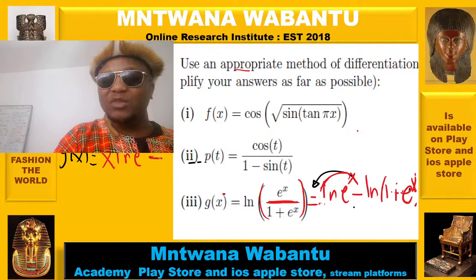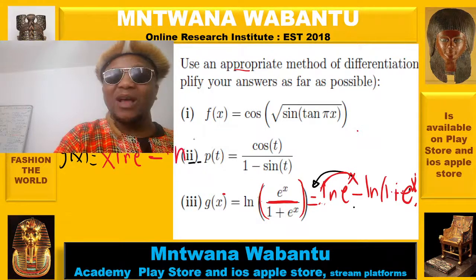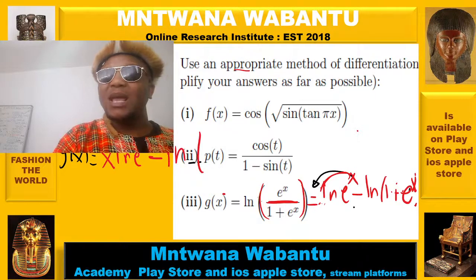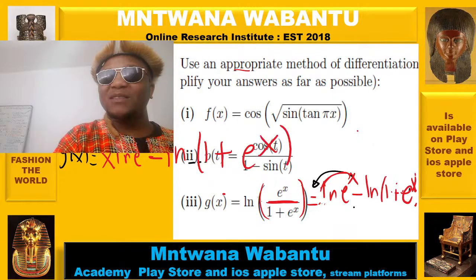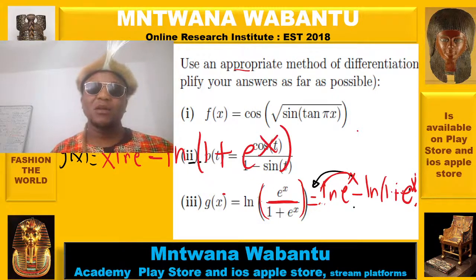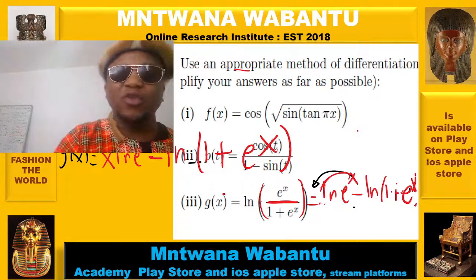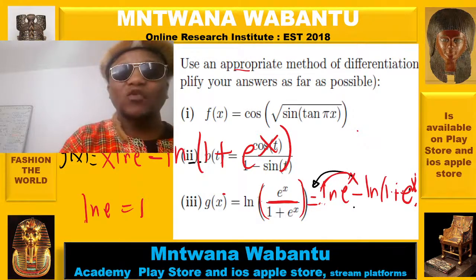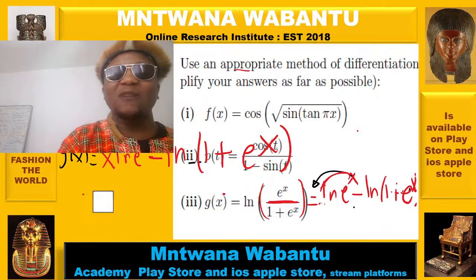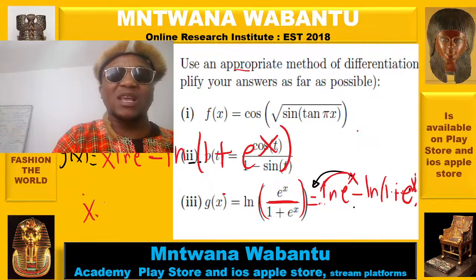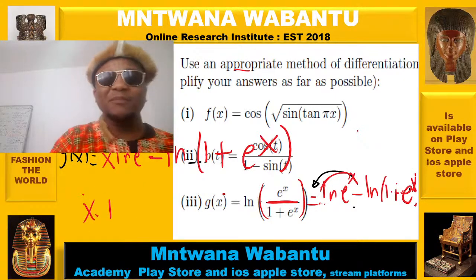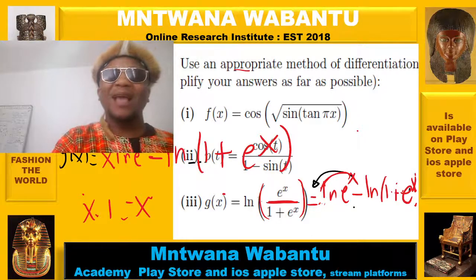And then minus ln of 1 plus e^x. But look, very important: ln of e we know is equal to 1. I even plugged it in the calculator for you, ln of e equals 1. So right there it is going to be x times 1. I have to replace that ln of e, so it's x times 1. Dot means times. x times 1 equals x. So I can simply plug it in.